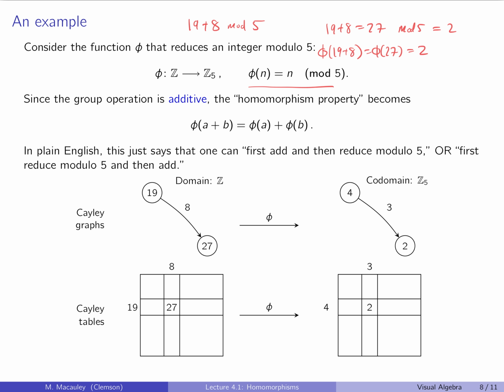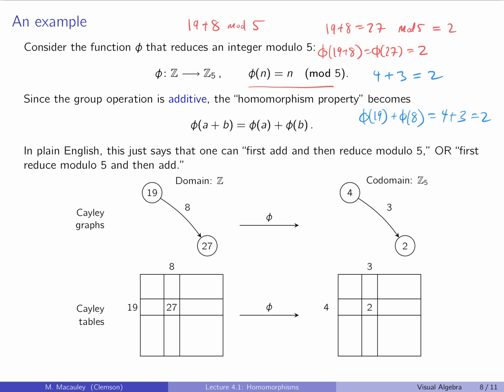Whereas other people would look at this and say, well, I'm going to first reduce mod 5. 19 mod 5 is 4, and 8 mod 5 is 3, and 4 plus 3 mod 5 is 2. So what they're doing here is they're taking phi of 19 plus phi of 8, which is 4 plus 3, which is 2.